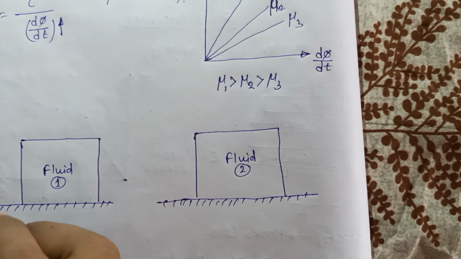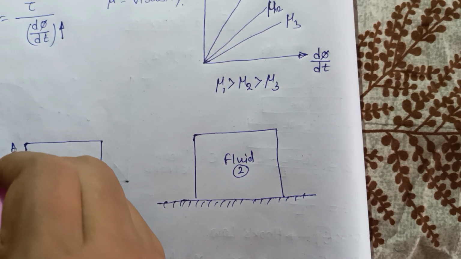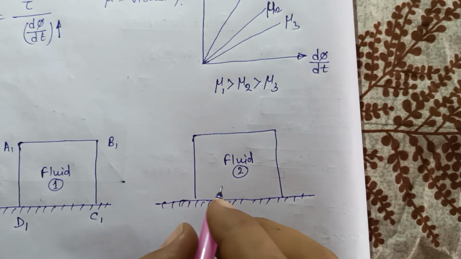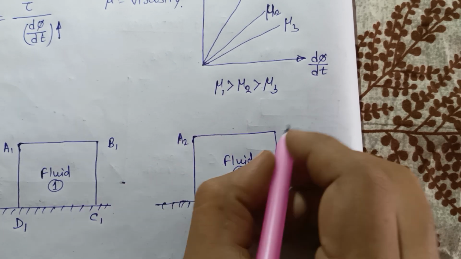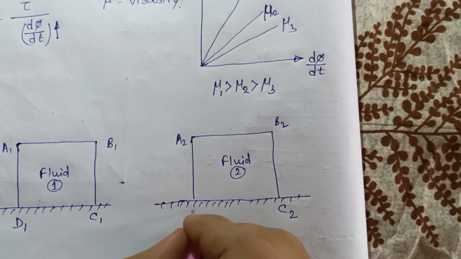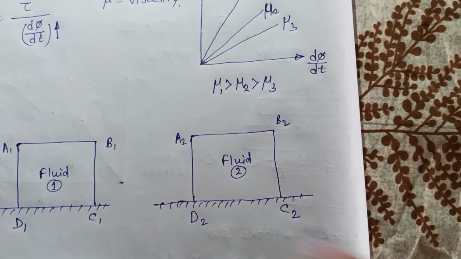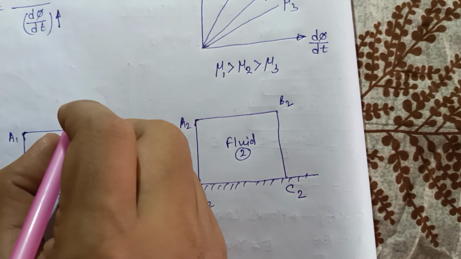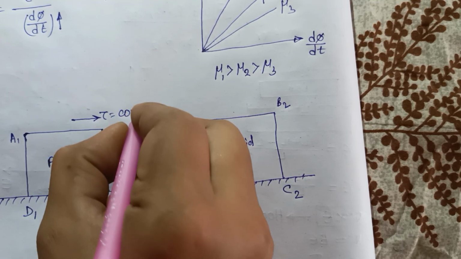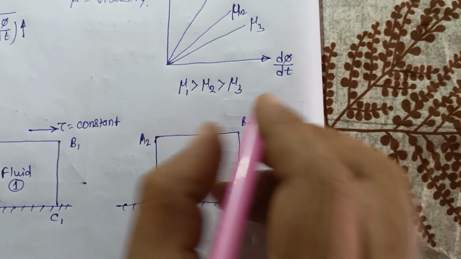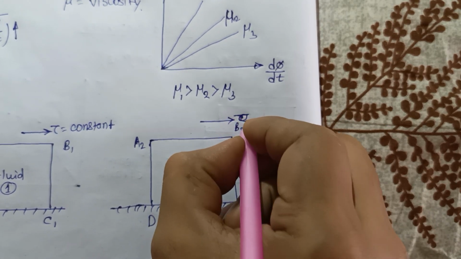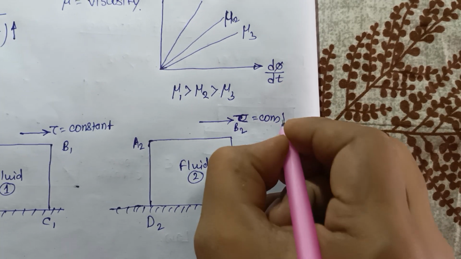Here the points are A1, B1, C1, D1, and A2, B2, C2, D2. Now suppose you apply a constant shear stress, and here also you apply a constant shear stress, tau equal to constant.